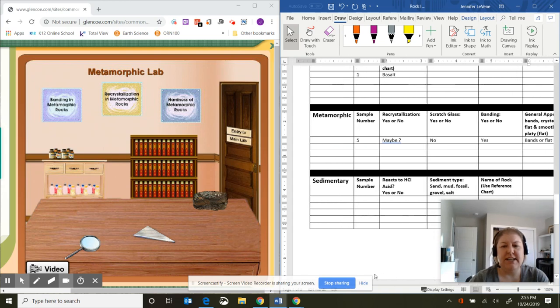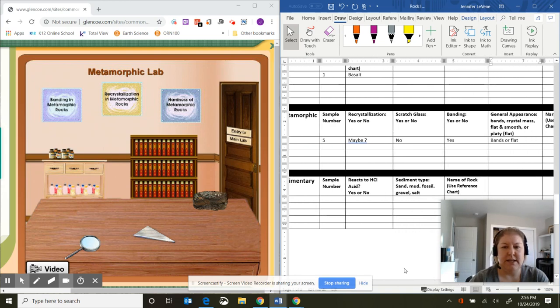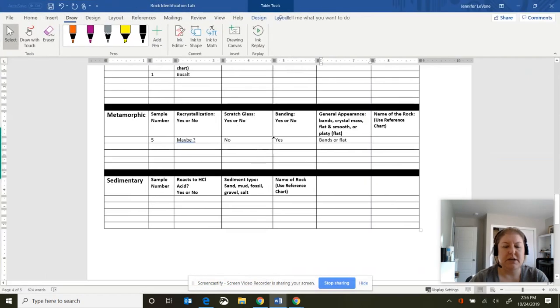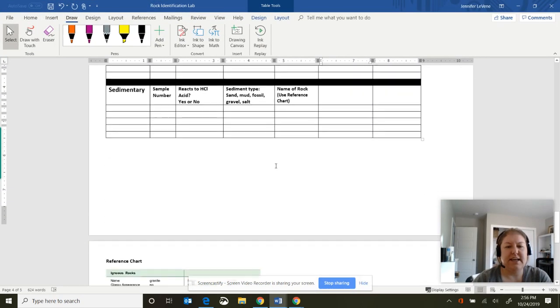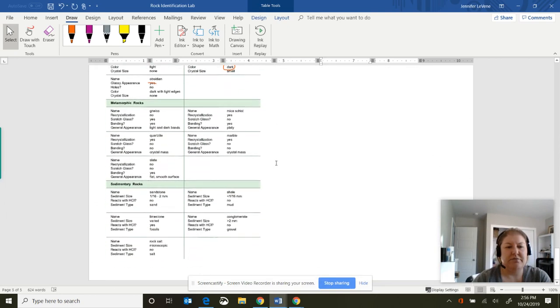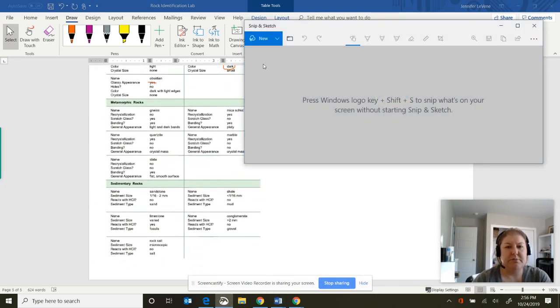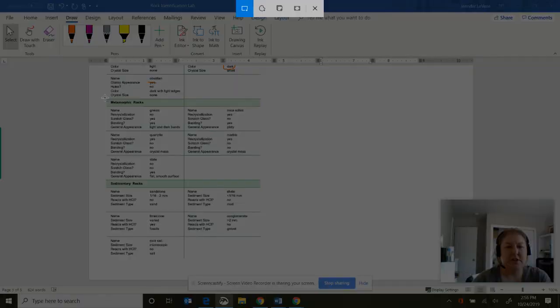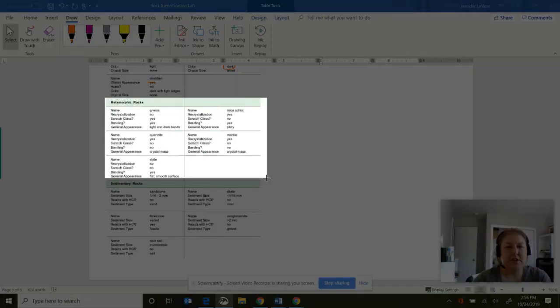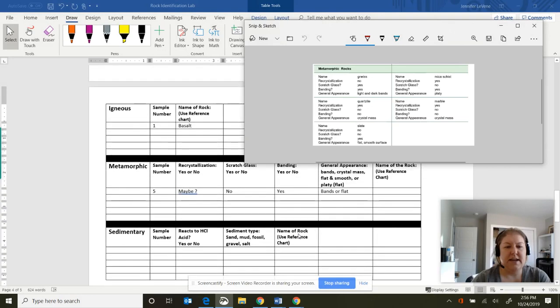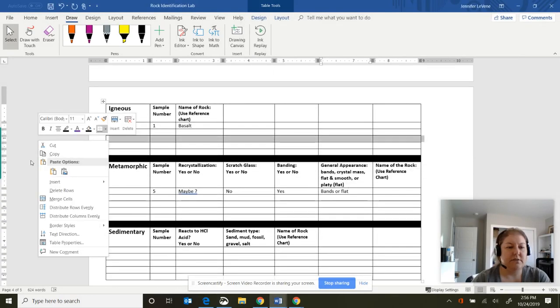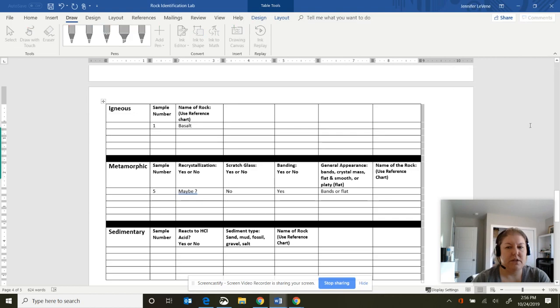Okay, so now I can take this information once again, make it a little bit bigger, and use it against my chart. So I'm just going to take a picture of my chart. Look at what I use all the time, like I said I do. I'm going to put it over here, maybe.